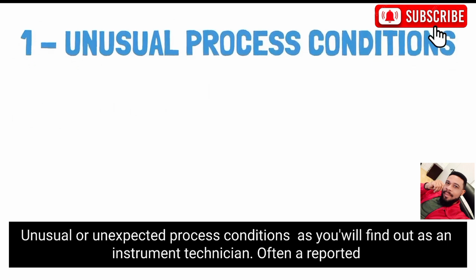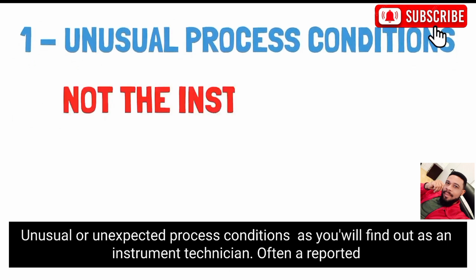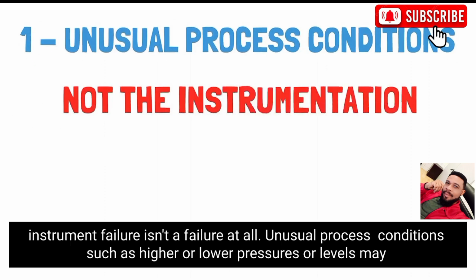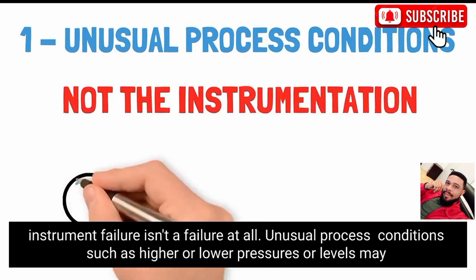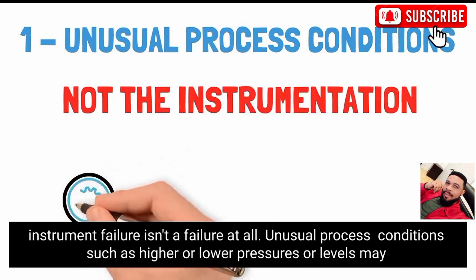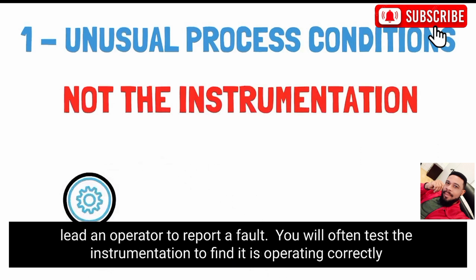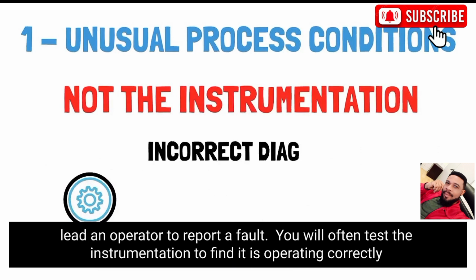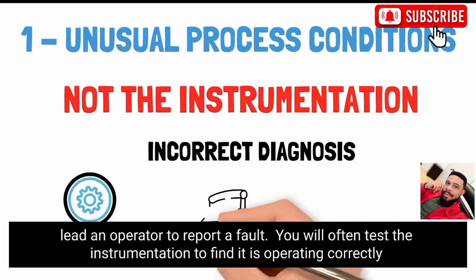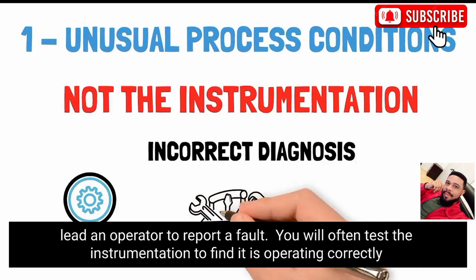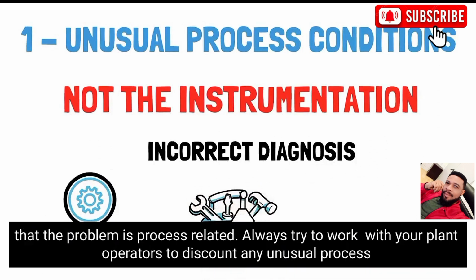1. Unusual process condition. As you will find out as an instrument technician, often a reported instrument failure isn't a failure at all. Unusual process conditions such as higher or lower pressures or levels may lead an operator to report it as a failure. You will often test the instrumentation to find it is operating correctly and that the problem is process related.